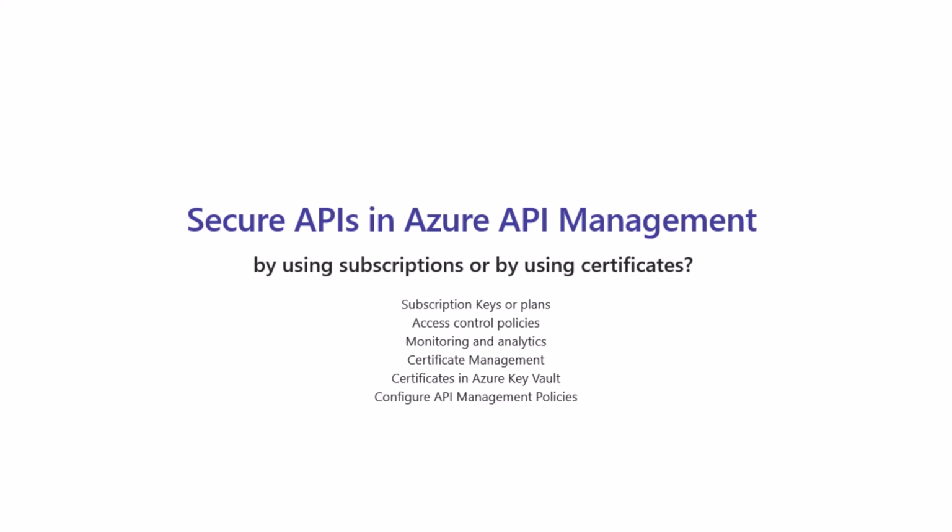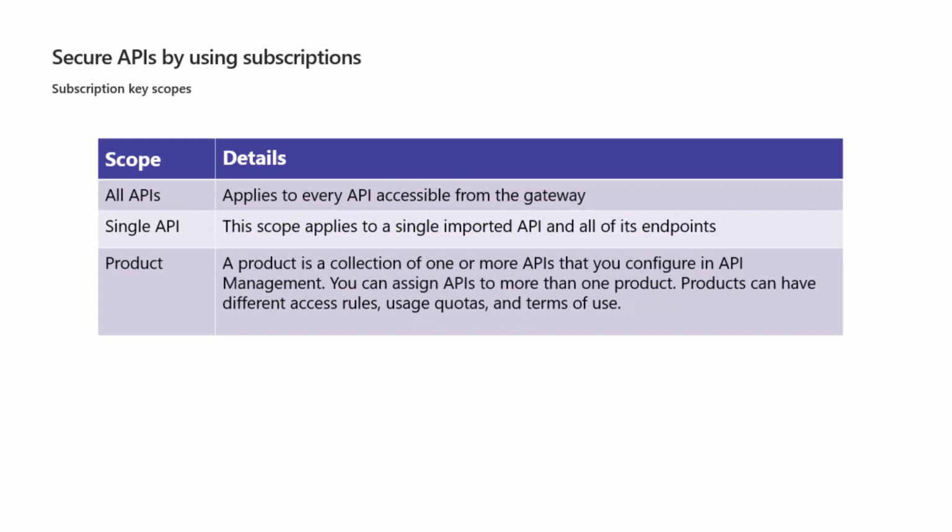When you publish APIs through API management, it's easy and common to secure access to those APIs by using subscription keys. Here we will start with securing APIs using subscriptions. If you have multiple subscriptions here, we can manage that and secure them using these best practices.